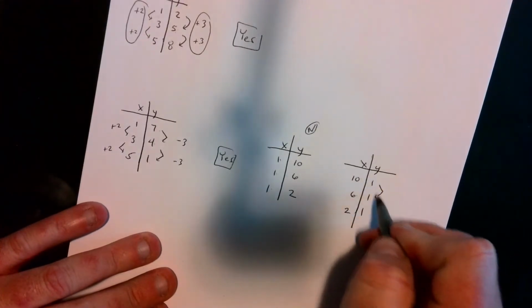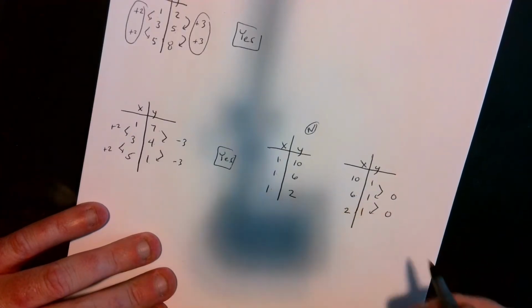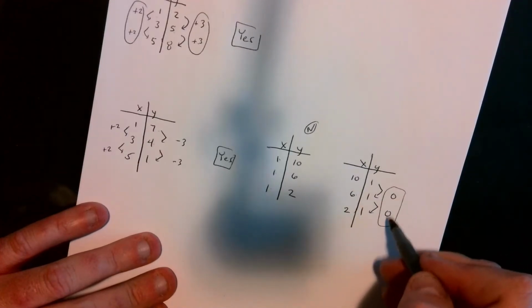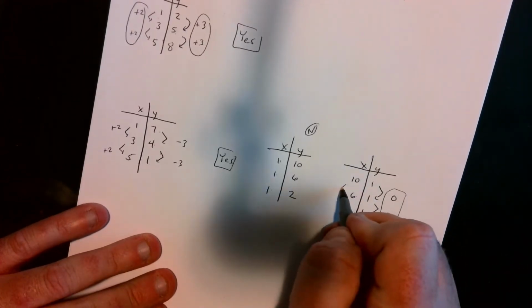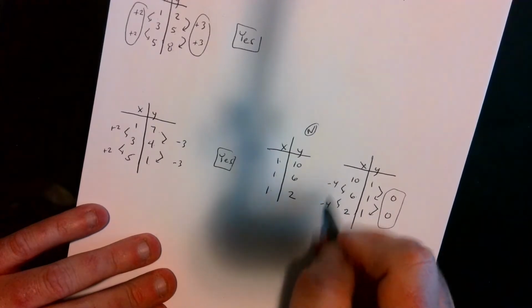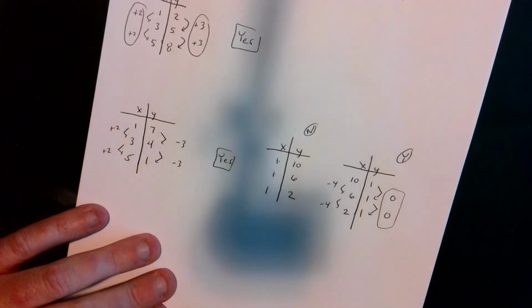Well, from 1 to 1, I went up or down 0. And from 1 to 1, I went up or down 0. So that's fine. That's still a constant. Nothing happened there. Okay, it stayed the same. But does it happen over here? We went down 4. We went down 4. So it's the same there. So in this case, yes, this is what we would call, once again, a linear function.